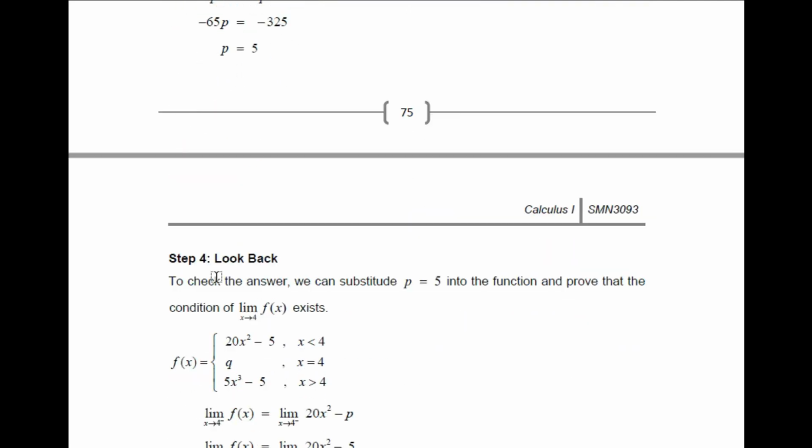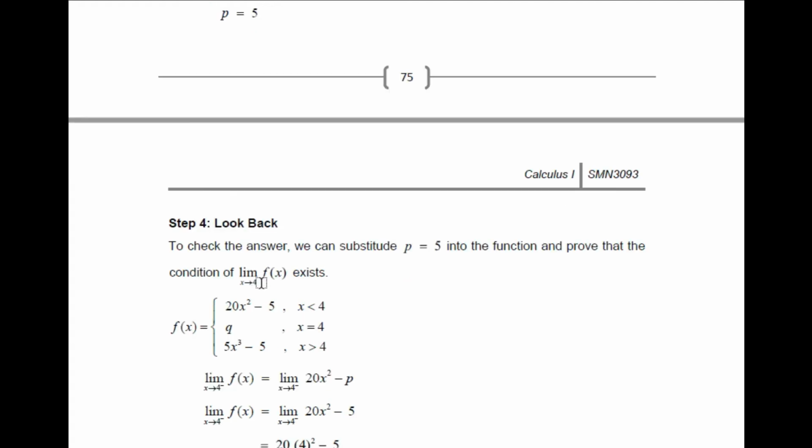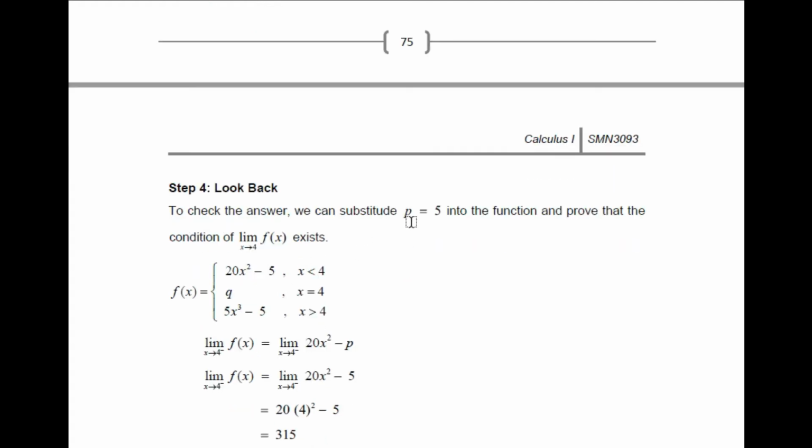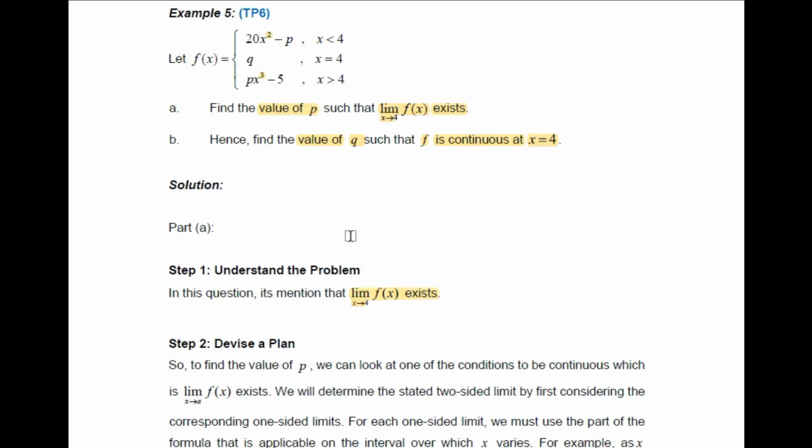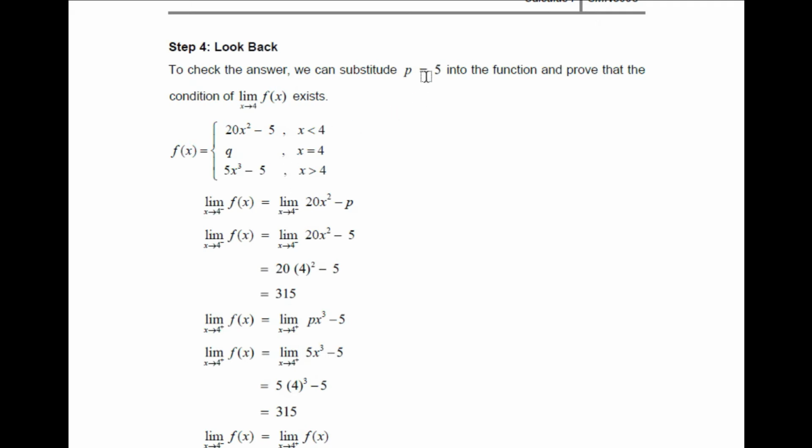And then we check the answer in step 4, where we can substitute the value of p equal to 5 into the function and prove that the condition of the limit of f(x) as x approaches 4 exists, like it's mentioned in the question. So to prove that, we substitute p equal to 5 into the function.